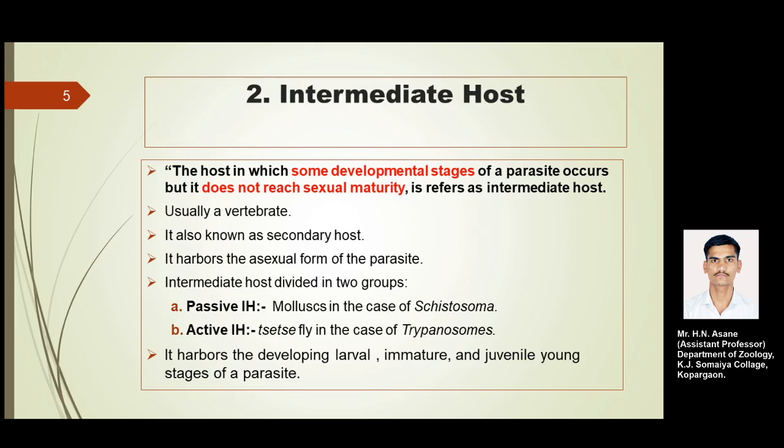The final host is the only host where the sexual life cycle of that parasite gets completed. As the life cycles of many parasites are not well understood, sometimes an organism is incorrectly defined as the definitive host, and its designation may continue even after it is determined to be incorrect.